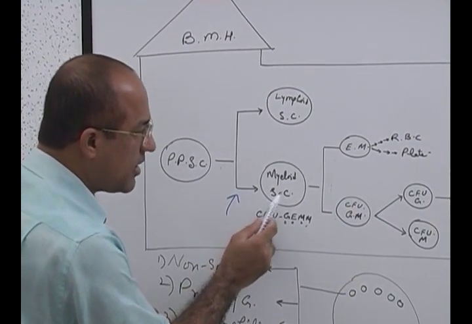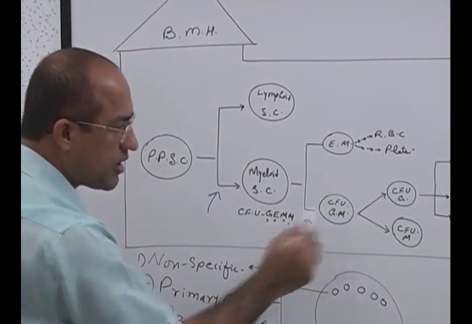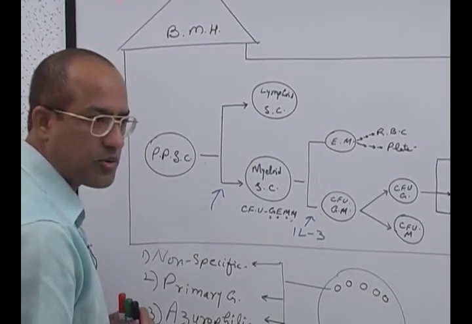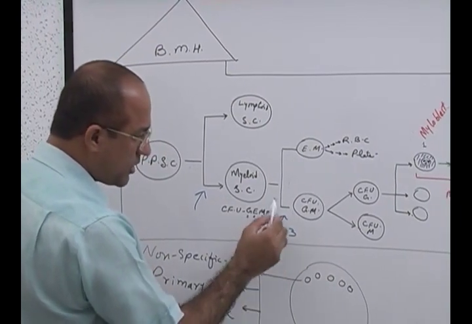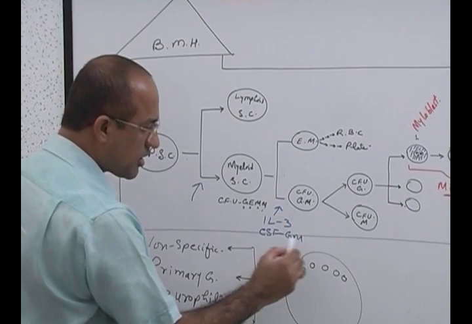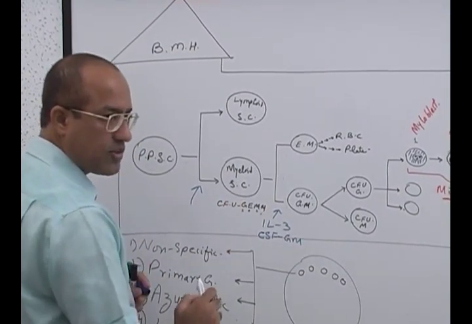Then the myeloid stem cell will be driven into the colony forming unit granulocyte monocyte, especially interleukin 3 works here as the cytokine. Plus another cytokine which works here is colony stimulating factor GM, granulocyte monocyte, which will convert the myeloid stem cell into this series.